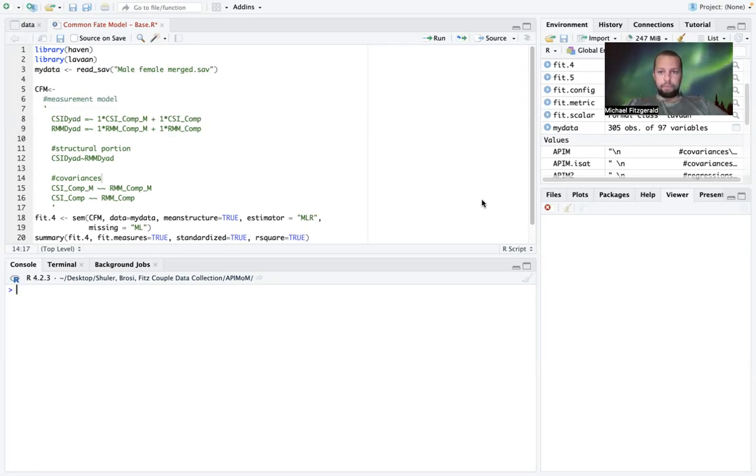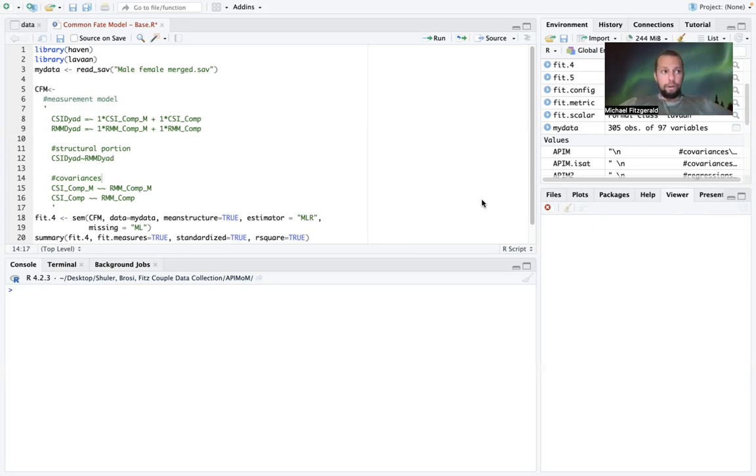So the common fate model really needs to be estimated within a structural equation modeling framework because we will be using latent variables. There may be ways to estimate this within a multi-level modeling framework, but to the best of my knowledge, I've only ever seen it estimated within SEM.